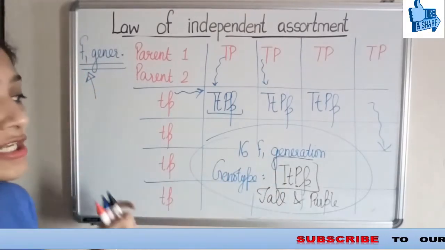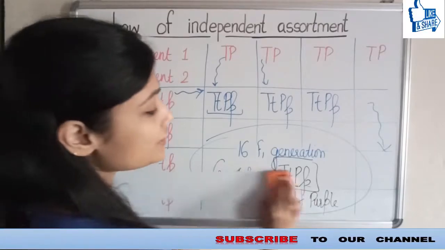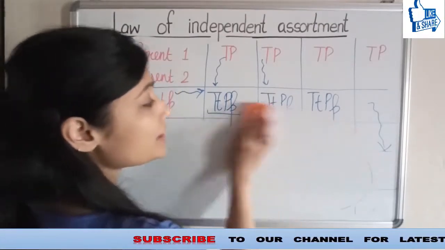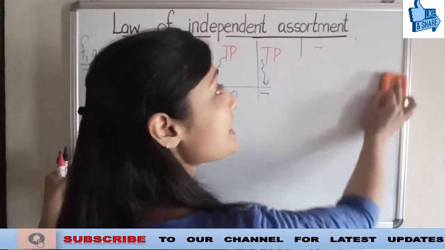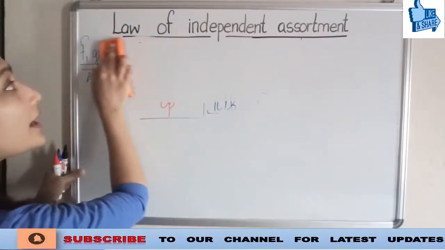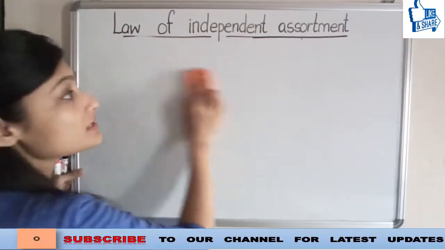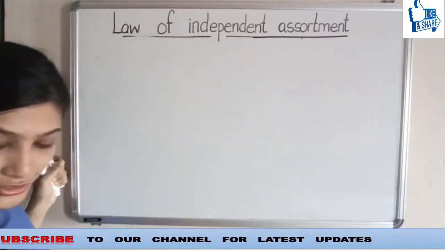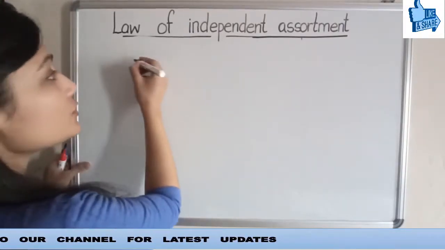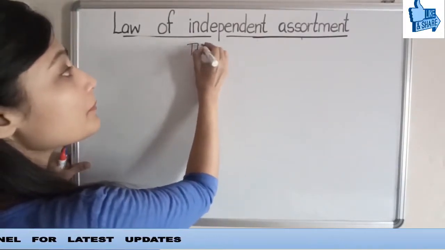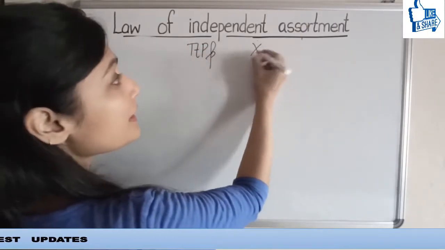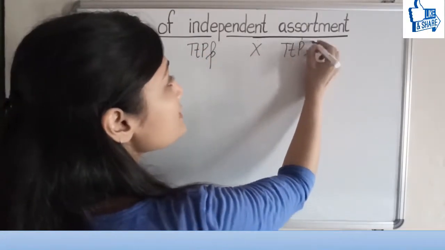Using this F1 generation, the next thing Mendel did was self-pollinate the F1 plants. In self-pollination, we use the same plant and do selfing.